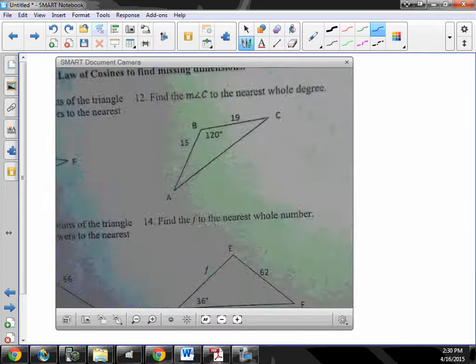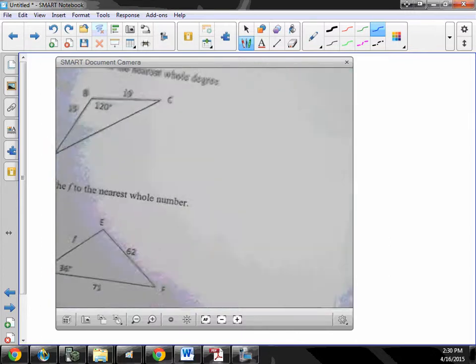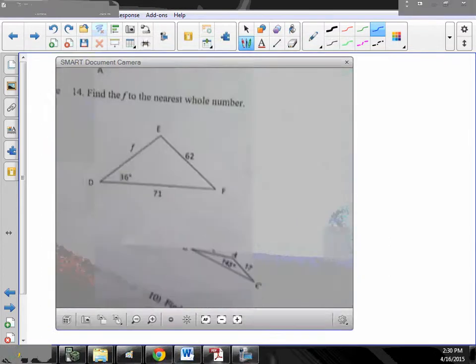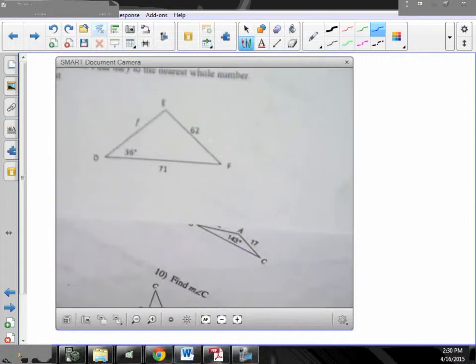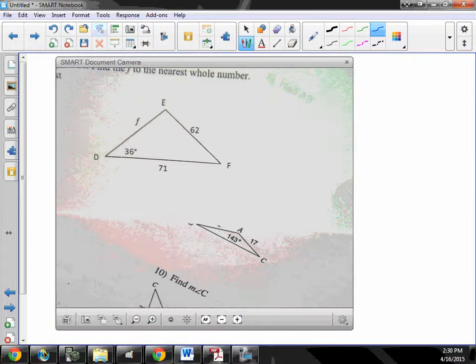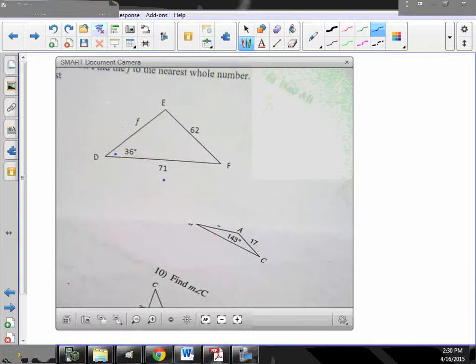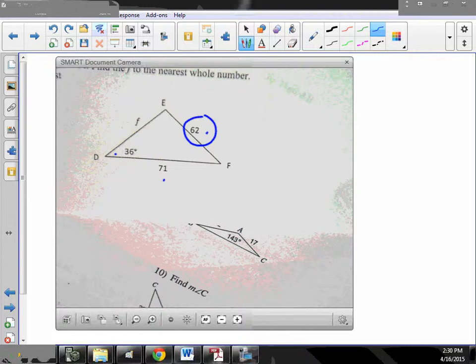Okay. Look at 14. What are we using for 14? Law of sines. We have angle, side, side. How many triangles are there? Well, angle, side, side. If the second side is smaller than the first side, what does that tell us?